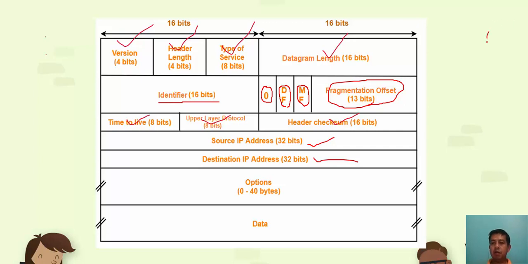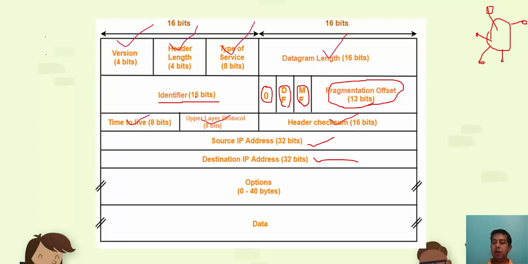That means if a datagram is fragmented into, say, 10 smaller fragments, each of these 10 fragments will contain the same identifier so that it can be easily identified at the other end. So the same identifier says that each of these smaller fragments belongs to the same original datagram.